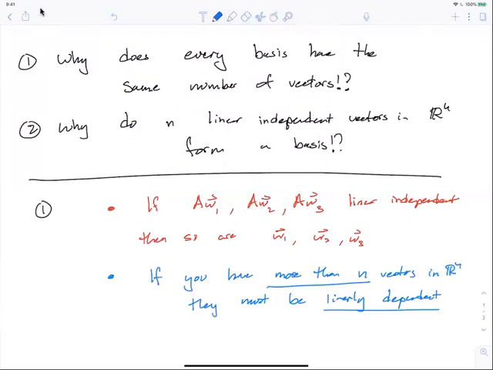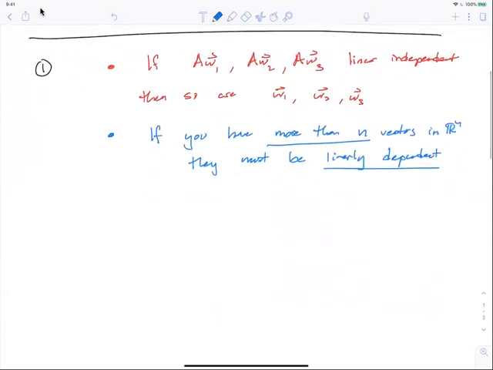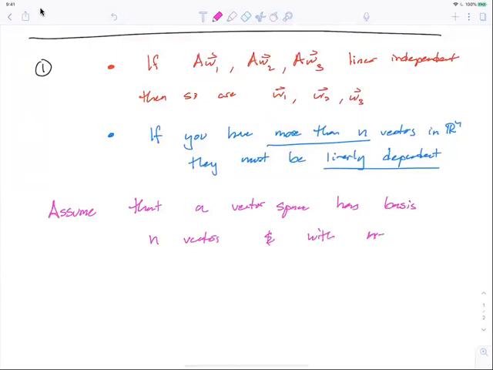All right, so how is this going to work? So one thing we're going to do is we're going to make an assumption. We're going to live in a fantasy world. We're going to assume that a vector space has a basis, say, with n vectors, and another with n minus 1 vectors.